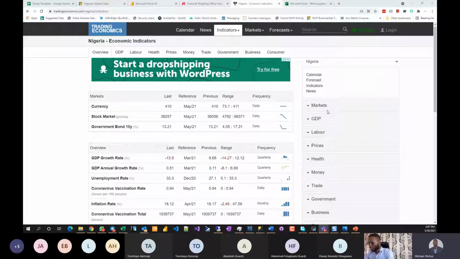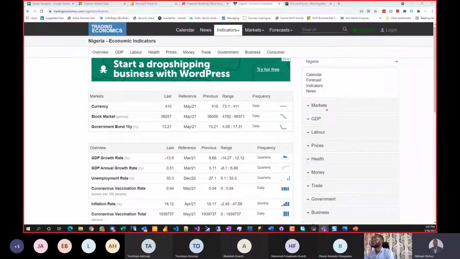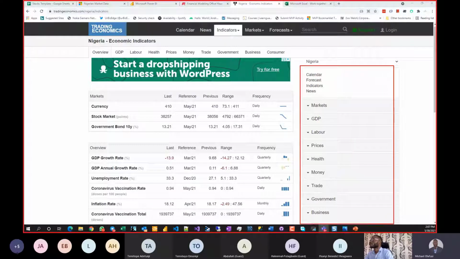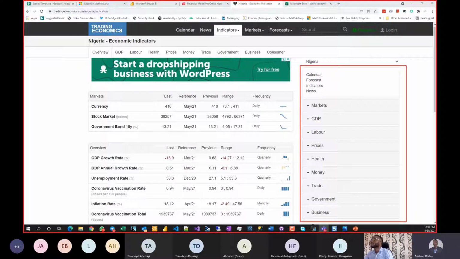Let me see if I can call up my annotation. Great. You see here, right? This is where you will see most of the different sections, and you will always see them on that right side. So that's the part I go to most of the time because I always see those sections there.